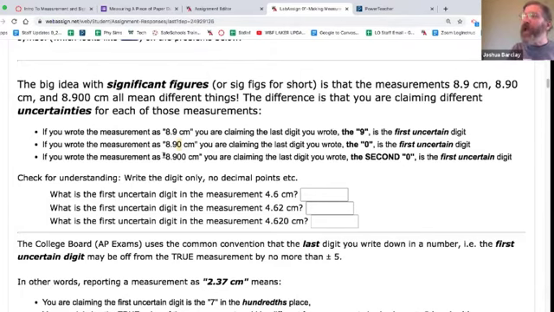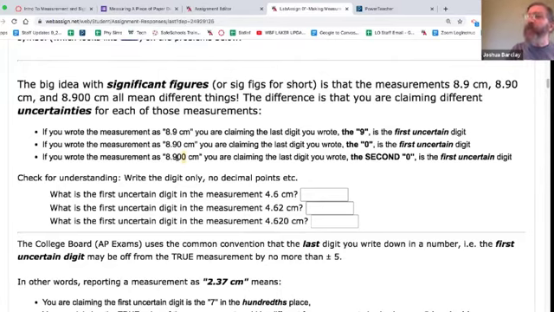If you wrote 8.900, and this is the problem that some kids were having in the demo we just did, they were writing down too many places. If you write down 8.900, you're saying that this second 0 is the uncertain digit. So you're saying it's for sure 8, it's for sure 9, it's for sure this first 0.